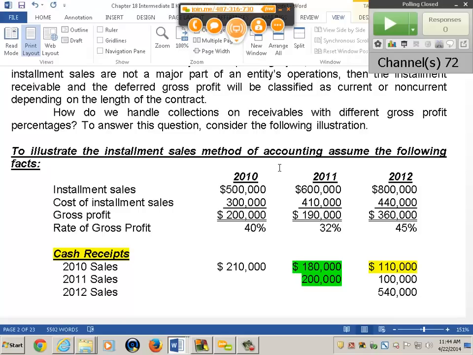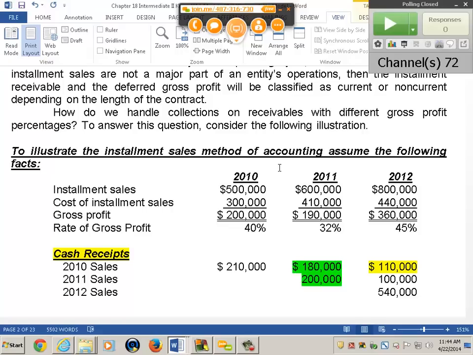Well, if this was cost recovery, let's say in 2010, accounts receivable is $500,000, that would be debited, and your sales in 2010 are $500,000.